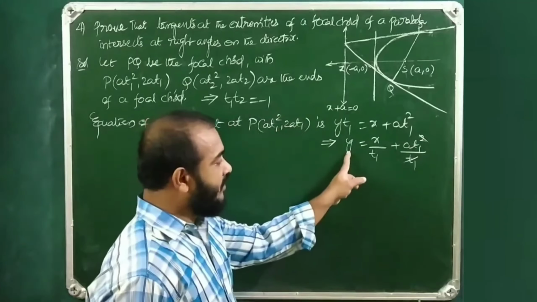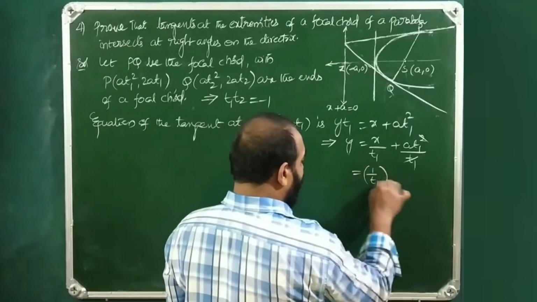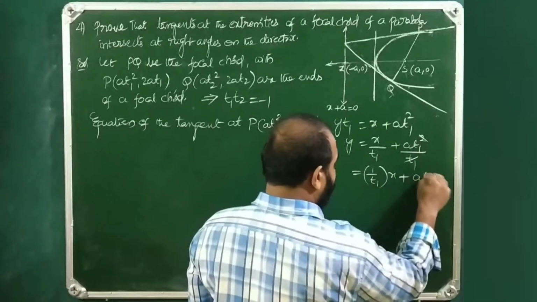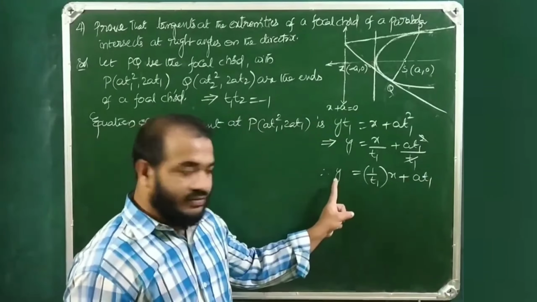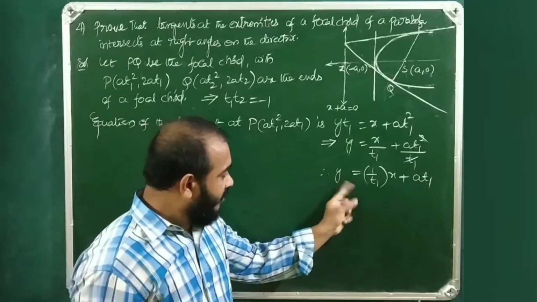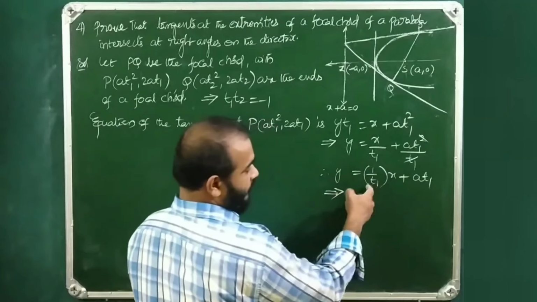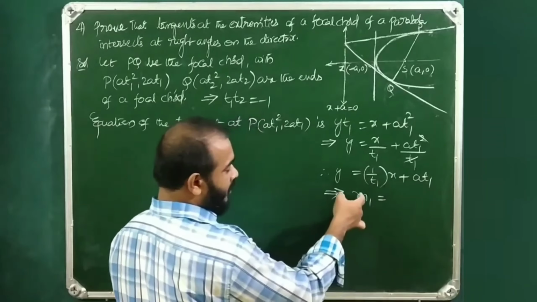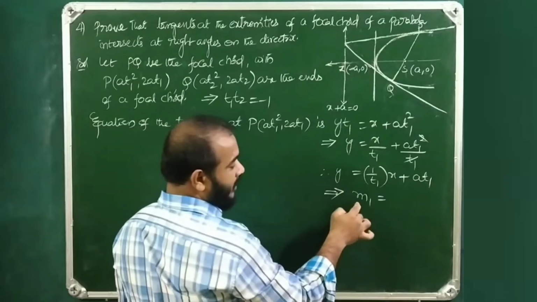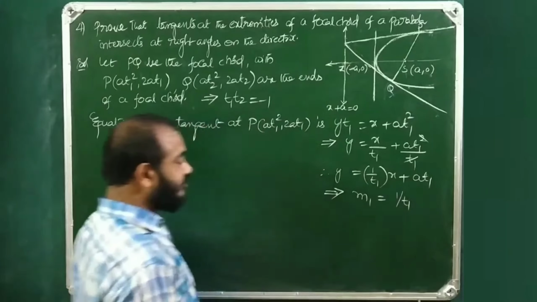So this is of the form y equals mx plus c. Here m equals 1 by t1. So the slope of the first line, m1, equals 1 by t1.